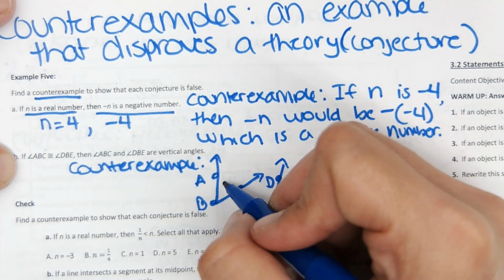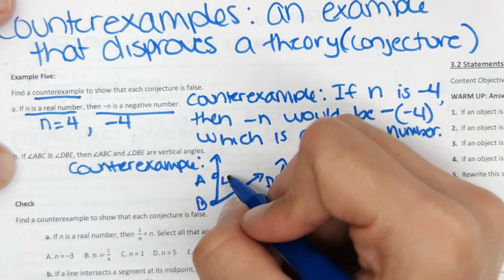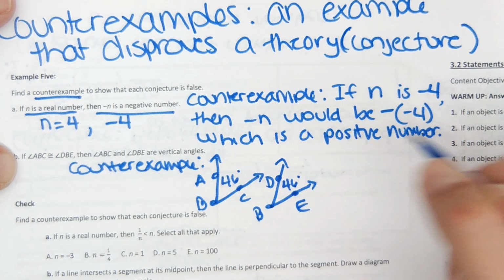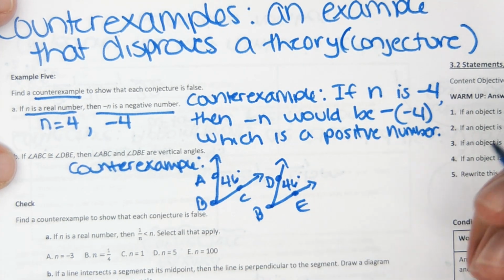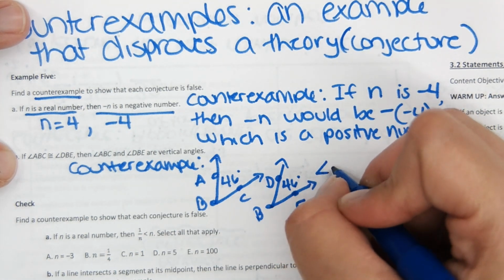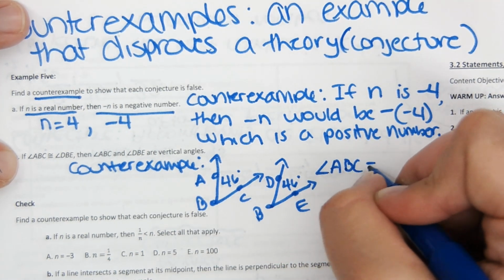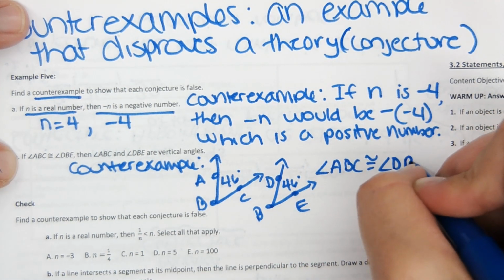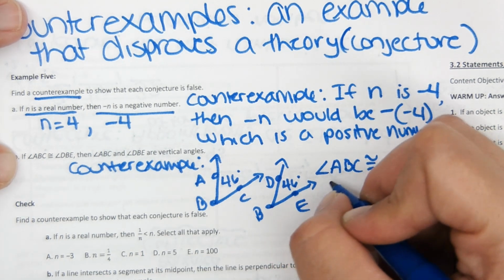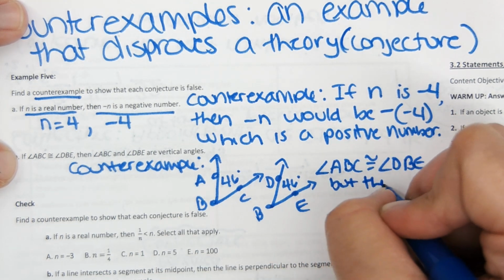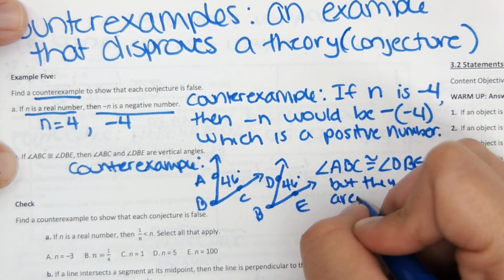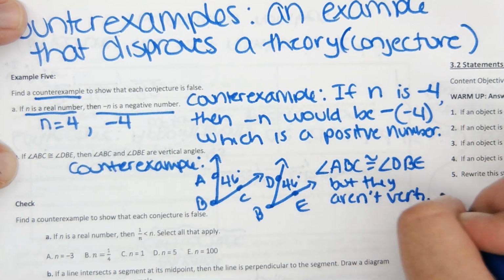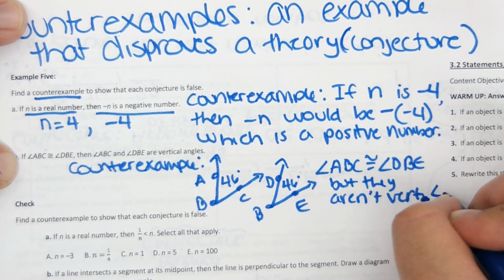They're not vertical angles, but they're both, let's say, 46 degrees. So that means they're both congruent, but they're not vertical angles. So here we say angle ABC is congruent to angle DBE, but they aren't vertical angles.